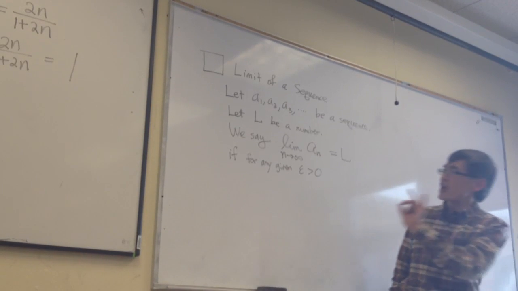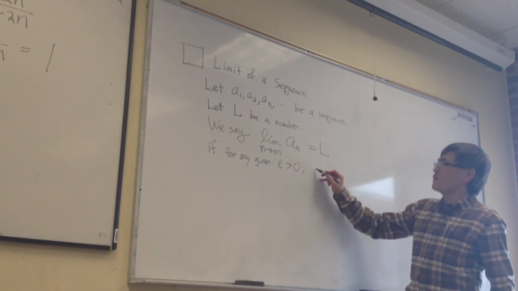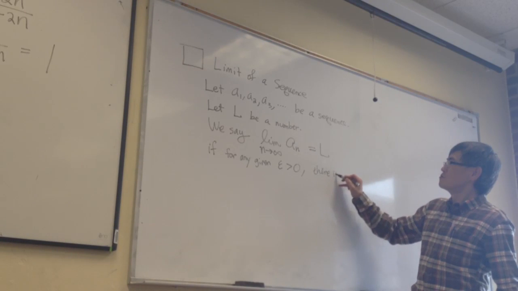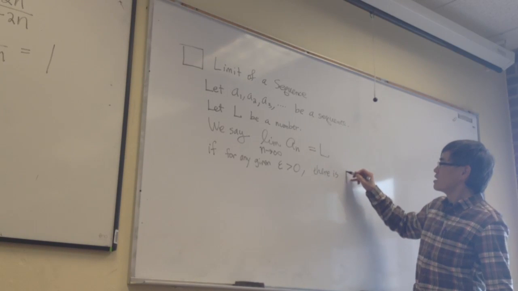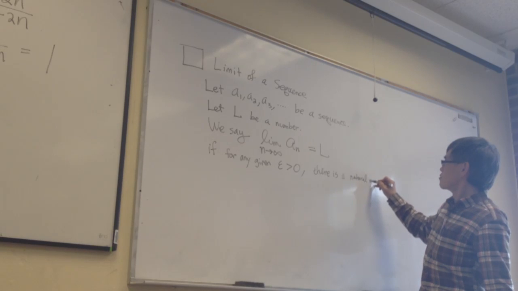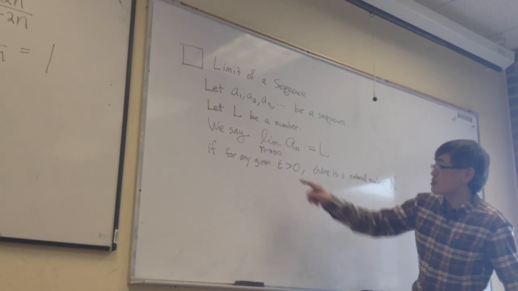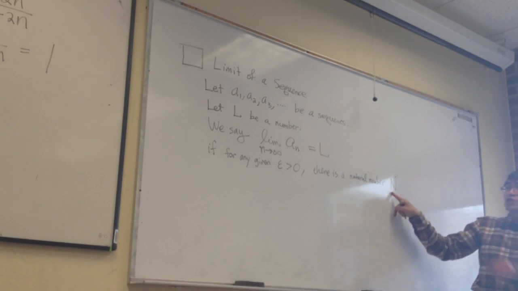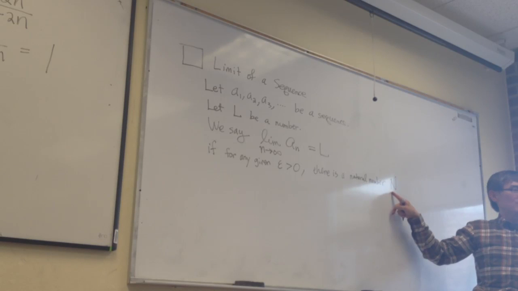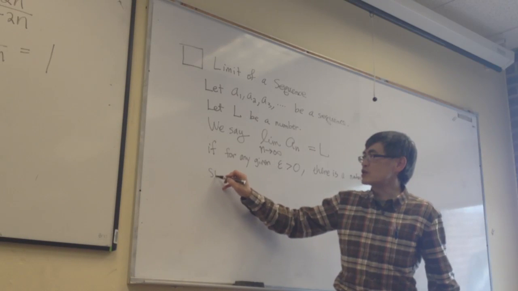So if for any given epsilon greater than 0, there is a natural number capital N. Give me the epsilon, then I'll meet that challenge with a response, which is a natural number capital N, which will do what job?